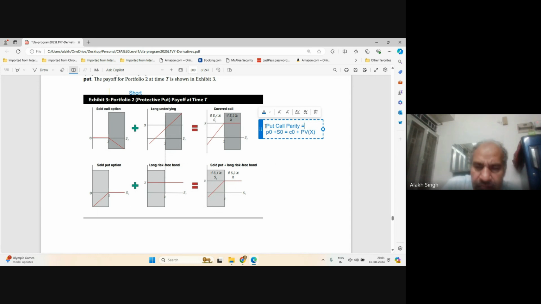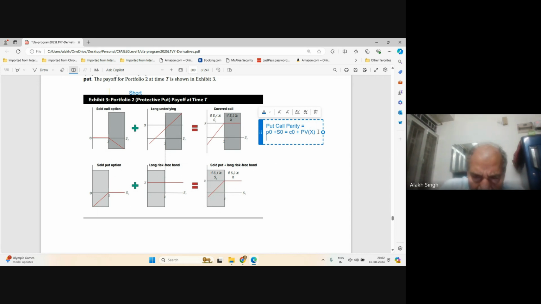Now this has changed. It is telling short put. So short put means P0 is minus, and long risk-free bond, this one. So what he has done is that he has brought P to this side and C to this side: sold call option and long underlying.